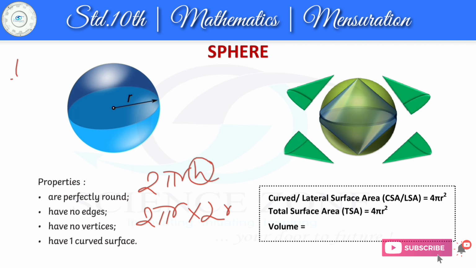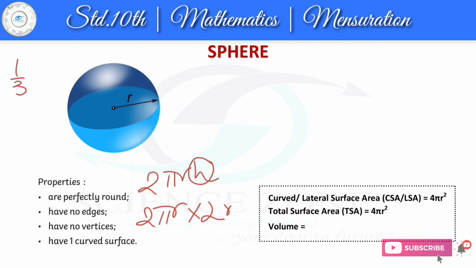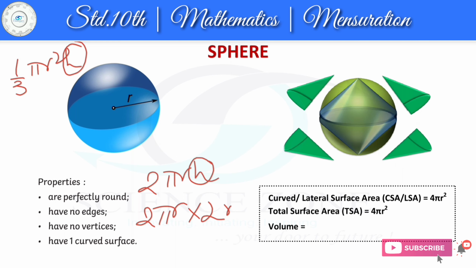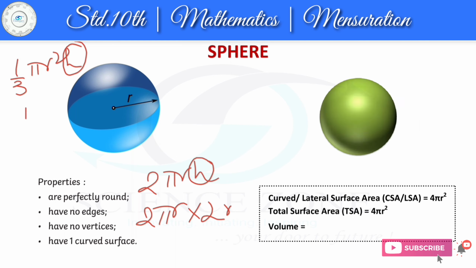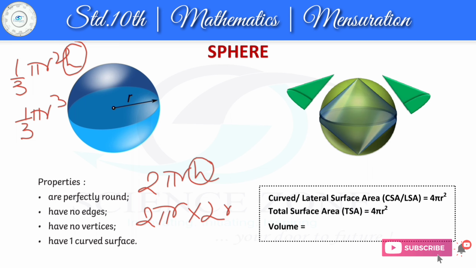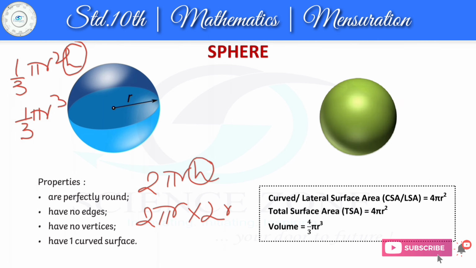Volume of a cone is 1/3 pi r square h. But here the height and radius are equal. So in place of height we can write radius. The volume of one cone will be 1/3 pi r cube. And the volume of a sphere is equal to 4 times the volume of such cones. So volume of a sphere will be 4/3 pi r cube.